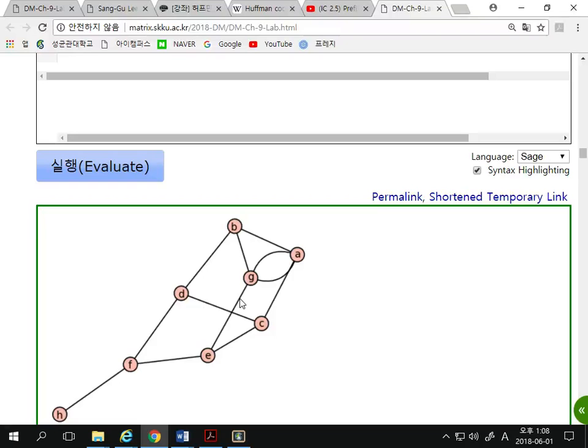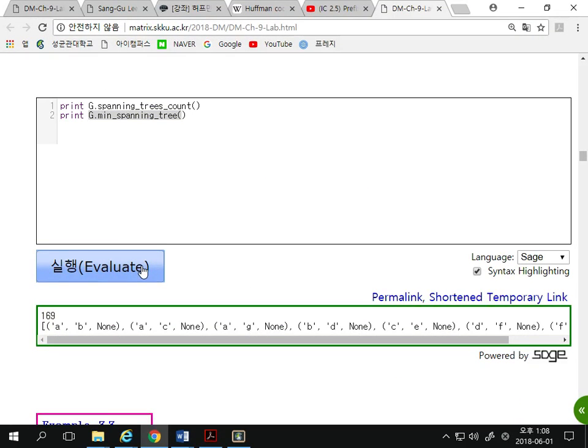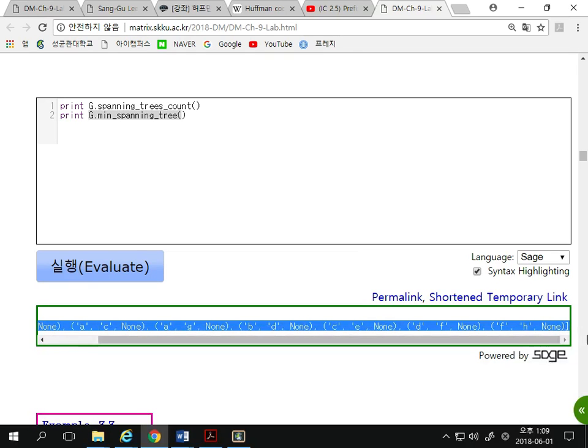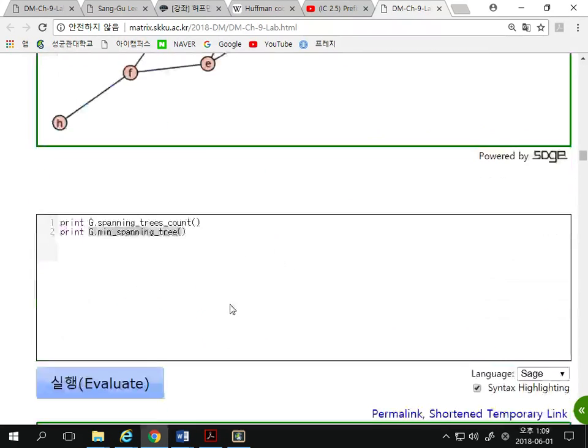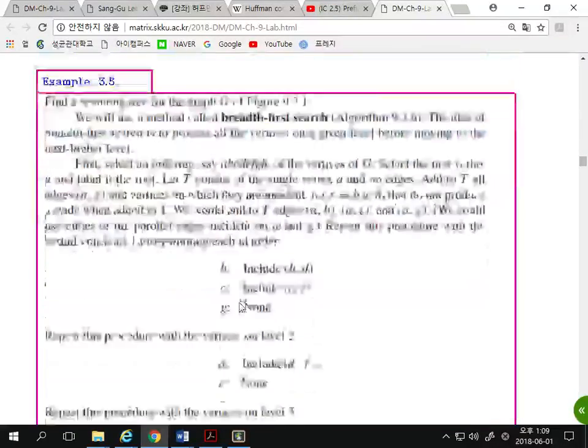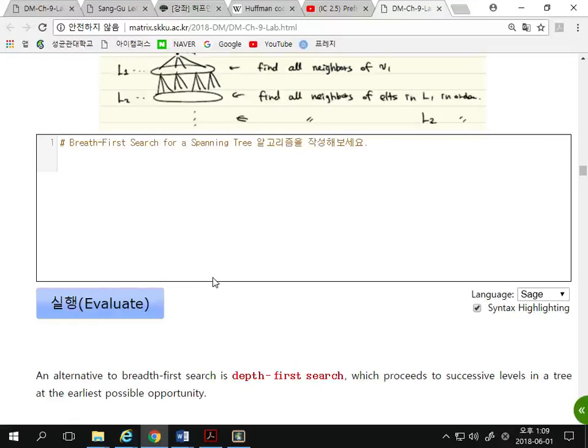With this simple command, it shows that 169 different spanning trees exist, and this is the minimal spanning tree that we find, the shortest one. This code gives you the answer that you are looking for, and there are more.